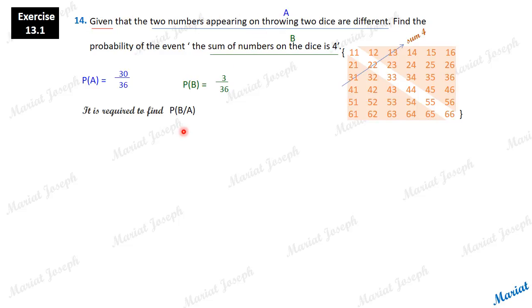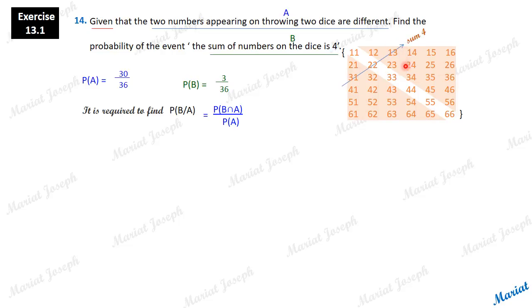So probability of B given A we are going to calculate using the formula: probability of B intersection A upon probability of A. To get the numerator, probability of B intersection A, let's see which are the outcomes satisfying both of the events A and B. That is, the numbers are different as well as the sum is 4.